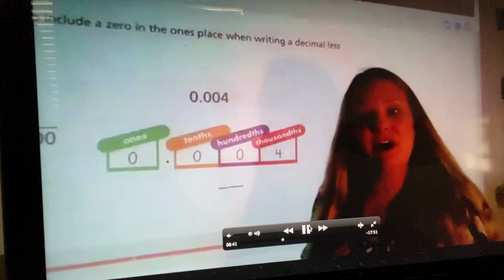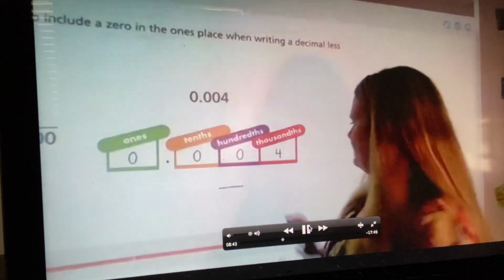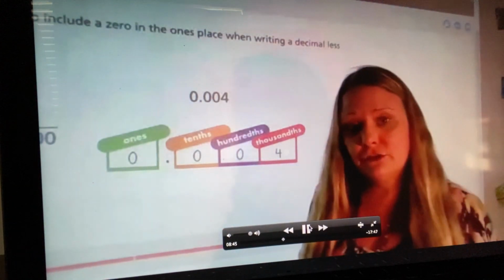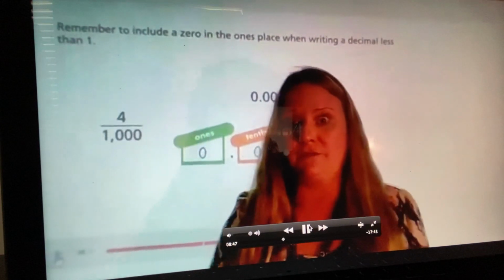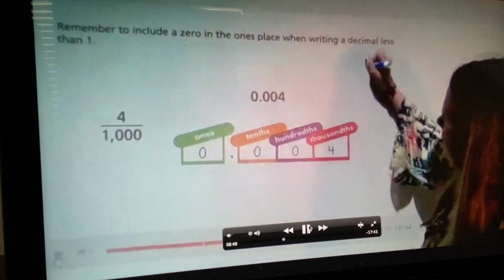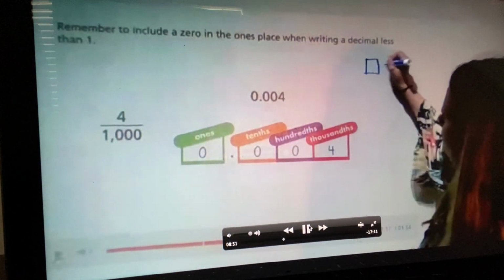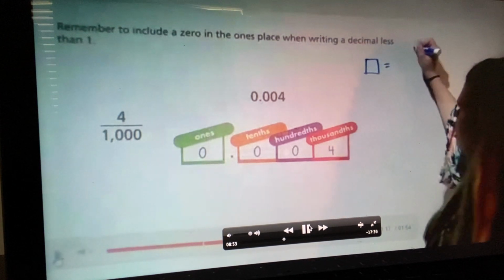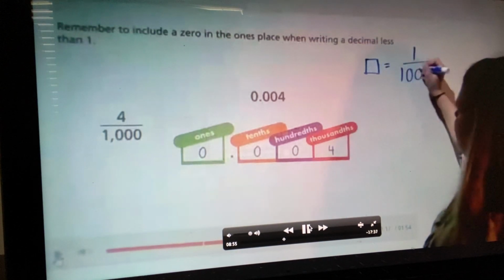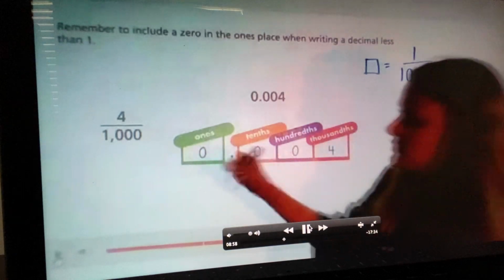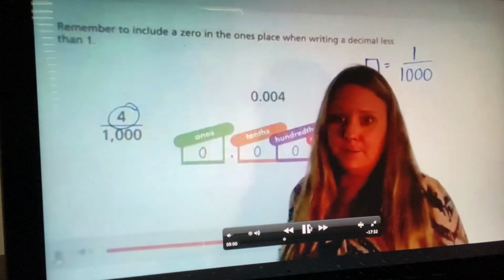All right, class, I'm going to pause it right there for a second. Look back in your notebook at the notes I just told you to write. And I said that 1 unit cube equals what now? 1 1,000th. So she asked you, what would you do if you had 4 of them?